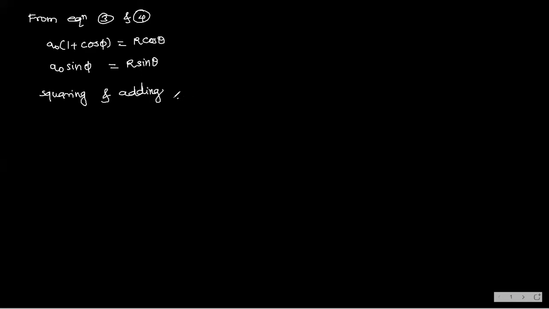So see, a naught square into 1 plus cos phi square plus a naught sin phi square is equal to r square cos square theta plus r square sin square theta.